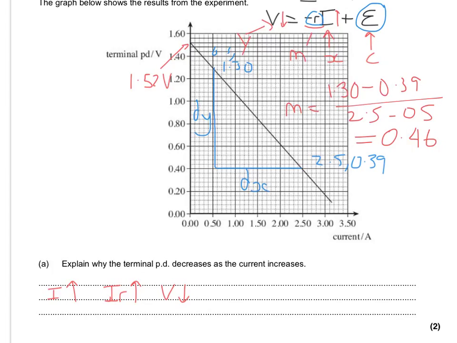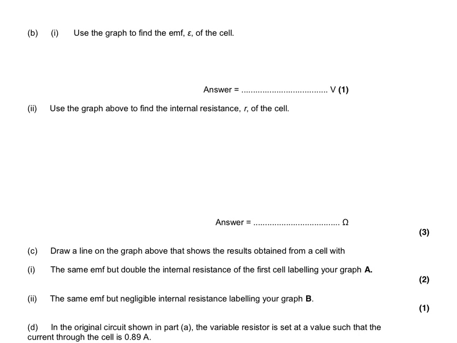You had a tolerance, I think it was 0.44 plus or minus 0.02 ohms on this one, so you had a little bit more tolerance because of the increased difficulty in calculating the gradient precisely. That's how you should go about doing it. So we've answered those 2 questions here.